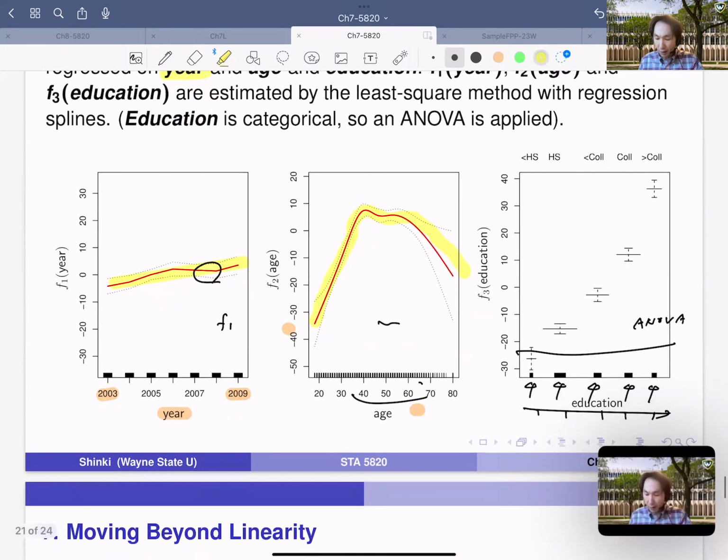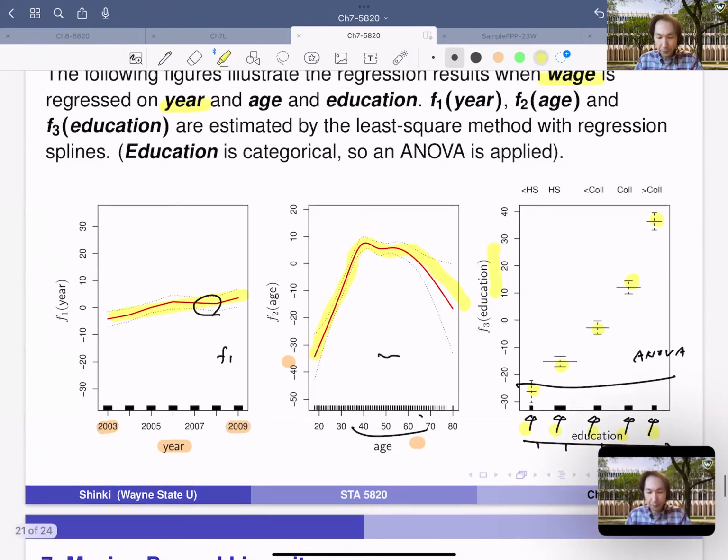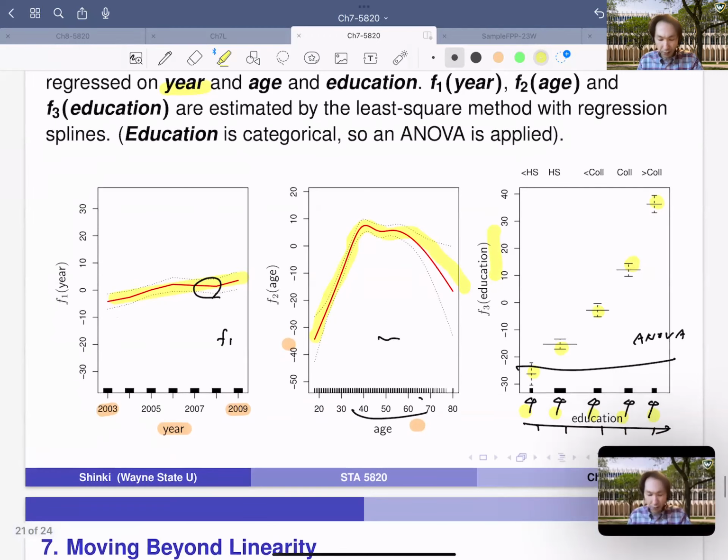And the effect of education. Education is a categorical variable from high school dropouts to maybe those who attended graduate school. So we have some nonlinear effect, but this is a factor variable, so basically we do ANOVA on this: ANOVA for wage on educational level.